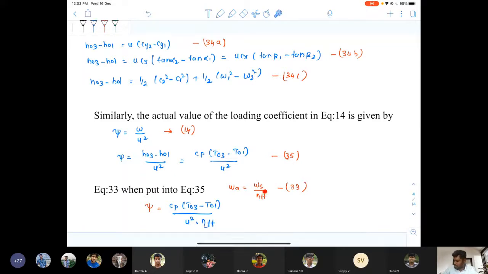That is, we have just used this equation and correlated it with this equation, and thus we have attained an equation which is Cp times T03 minus T01 divided by U square, which is nothing but the isentropic work, into eta TT. Thus we have obtained the loading coefficient value as Cp times T03 minus T01 divided by U square into eta TT. Now consider this as equation number 36.